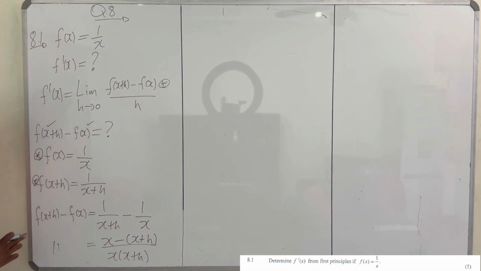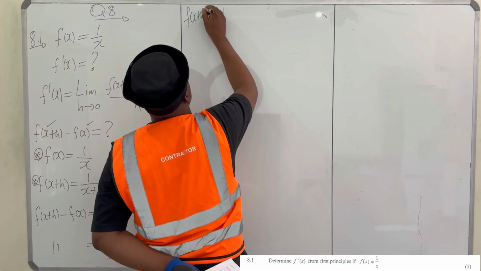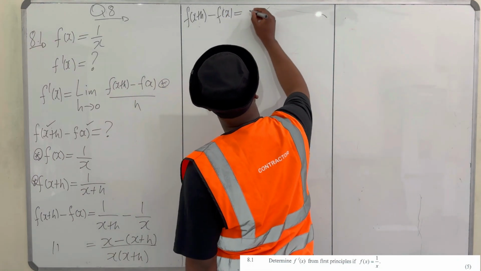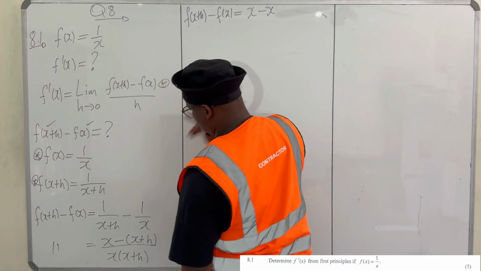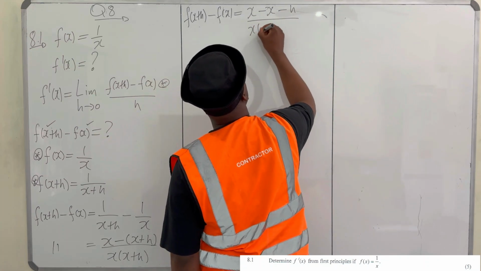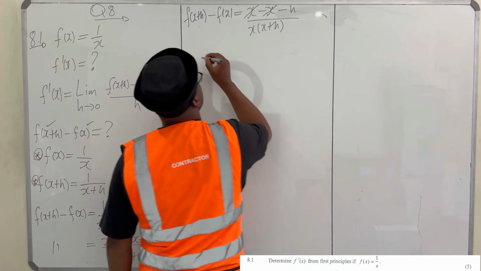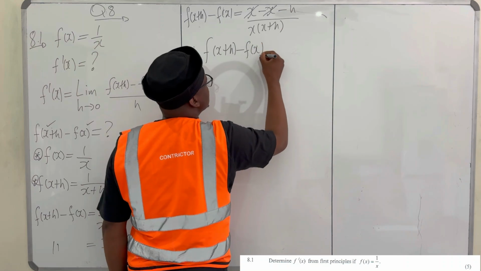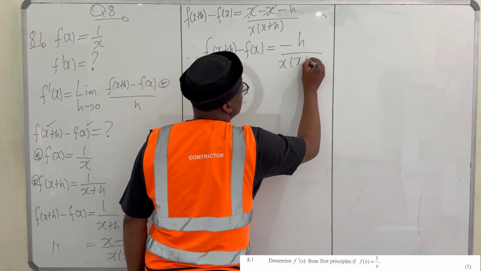So f at x plus h minus f at x is equal to x, then we multiply the bracket out: negative times x is minus x, negative times h is minus h, all over x into x plus h. So x and minus x go away, and you get that f at x plus h minus f of x is only equal to negative h, which is left there, all over x into x plus h.